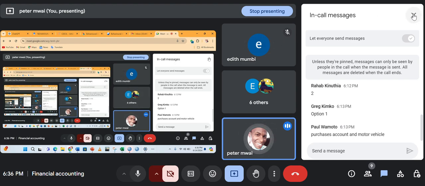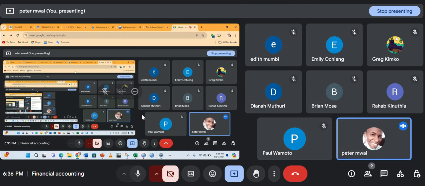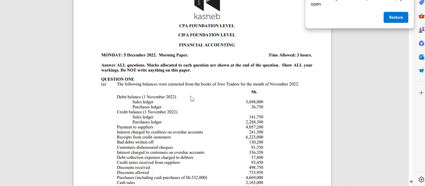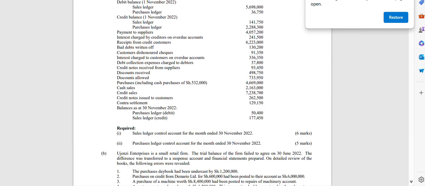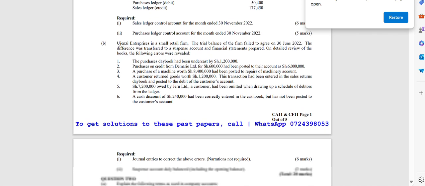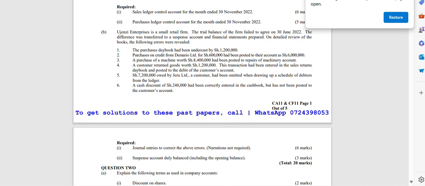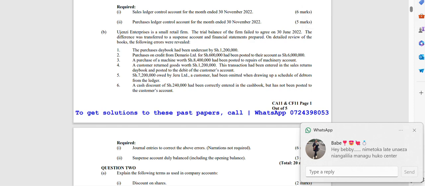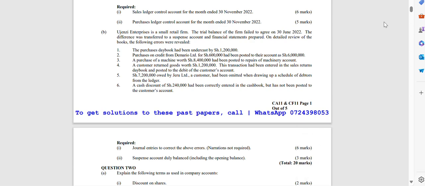So kama hakuna swali, in our previous class tulifanya this question 1A, we can do question 1B. So someone can volunteer and read question 1B. Someone to volunteer and read that question kindly.